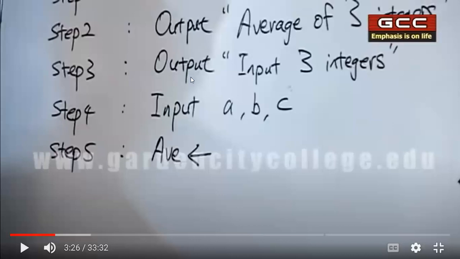Then another output would be, now input two numbers. Because if you are to find voltage in terms of current and resistor, they won't give you three numbers. They'll give you two numbers to find one. They'll ask you to supply the value of the current and the value of the resistance to find the value of the voltage.